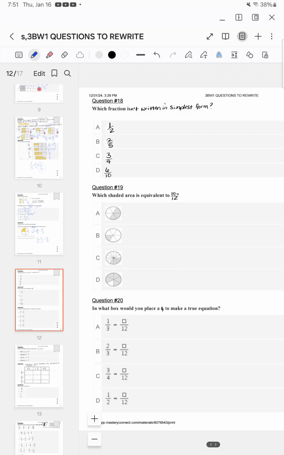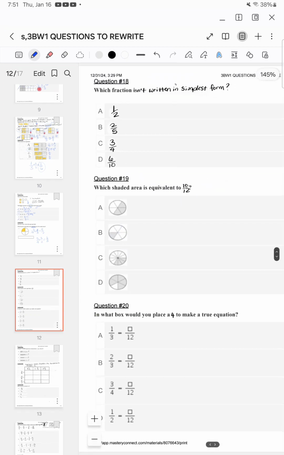Alright, which fraction isn't written in simplest form? Now, in order for it to be in simplest form, you need to understand that means it is the smallest it can be. They are absolute prime numbers at this point, or just have nothing in common. So if I look here, and they say isn't. If I look at 1/2, you can't make 1 any smaller, and you can't make 2 any smaller in this case.